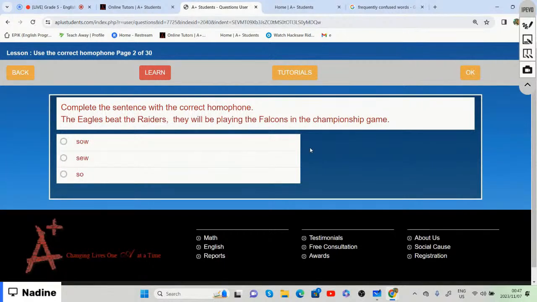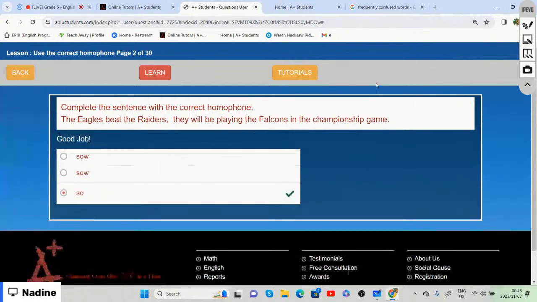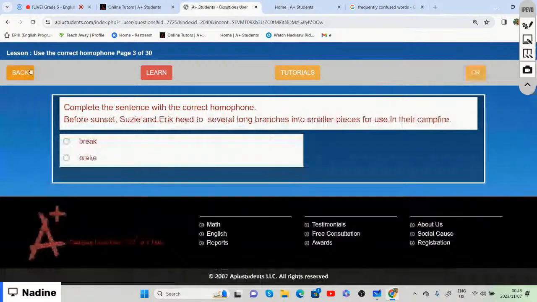So what is the correct word that we need to use? All right, so if we select the correct word, so is correct. Well done.